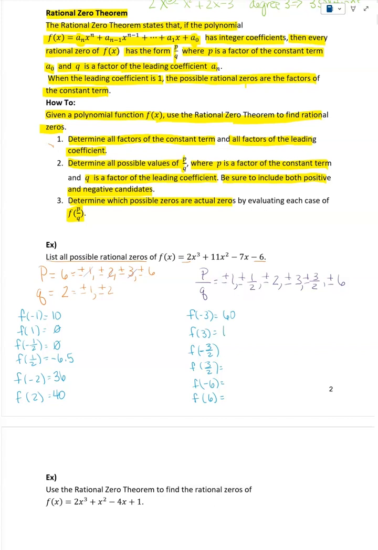Positive 3, I got 126. Negative 3/2, I got 22.5. Positive 3/2, I got 15. Yes. Negative 6, I got 0. And 6, I got 780.